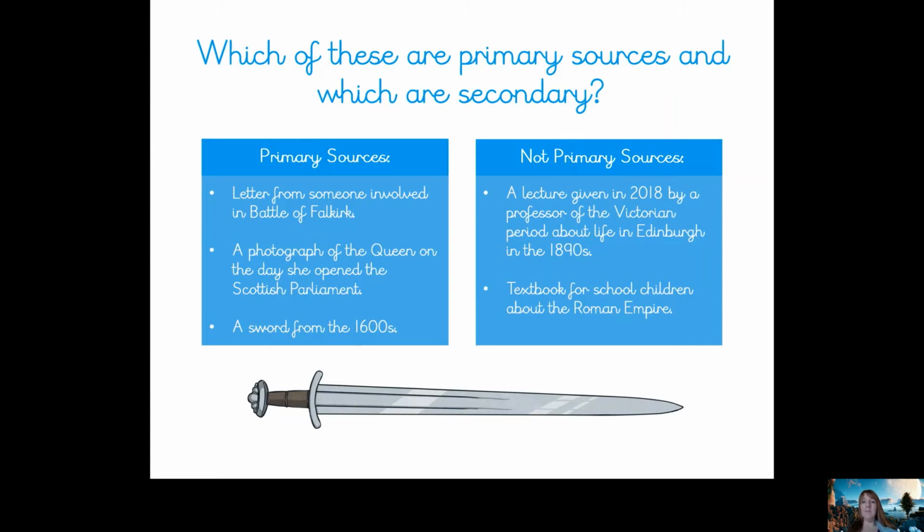They are accounts or they're teachings from someone else who's learnt about it and they're telling you more. Whereas the photograph and the letter and the sword are actually sources from that period of history.